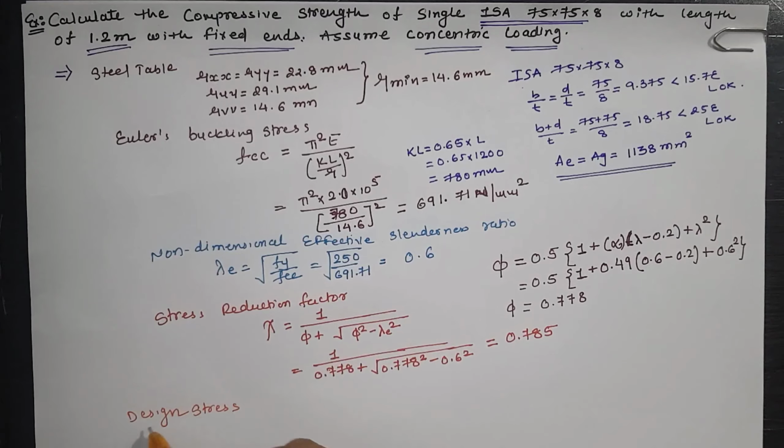Going ahead for the design stress, which is FCD, the equation is chi into Fy by gamma m0.